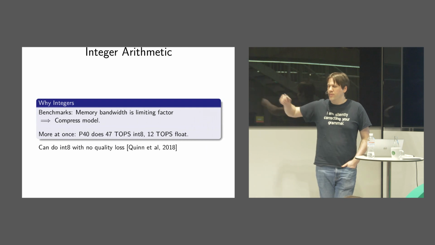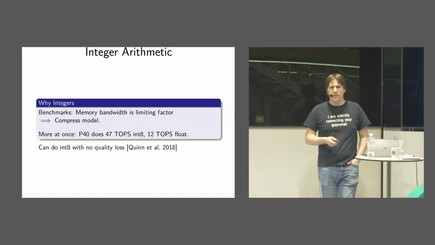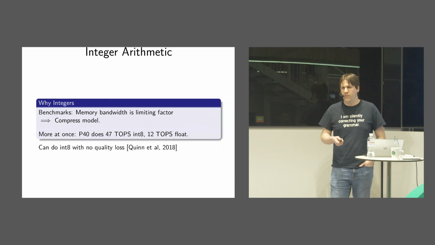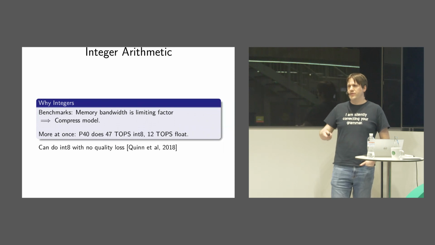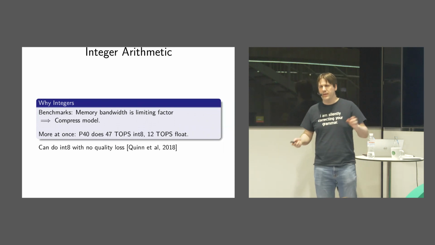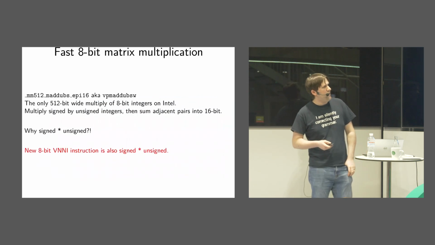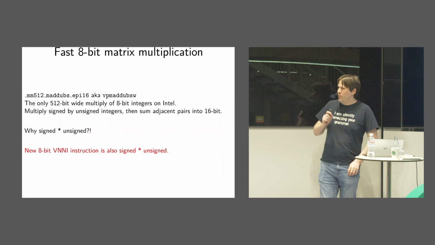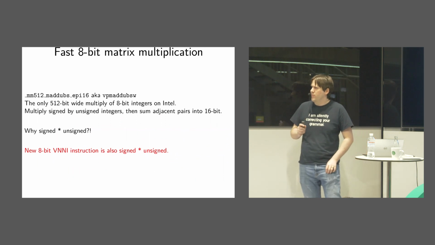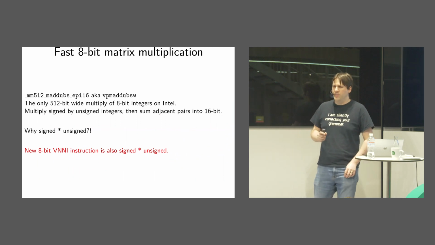And actually, there's some work showing that you can do 8-bit integer arithmetic for machine translation, and there's no quality loss, as long as you're careful about fitting scaling factors and such. But how do you actually implement 8-bit matrix multiplication on a CPU?